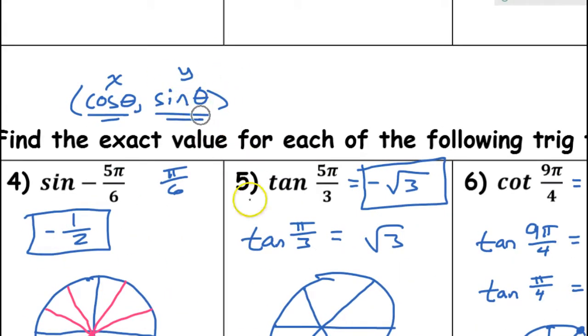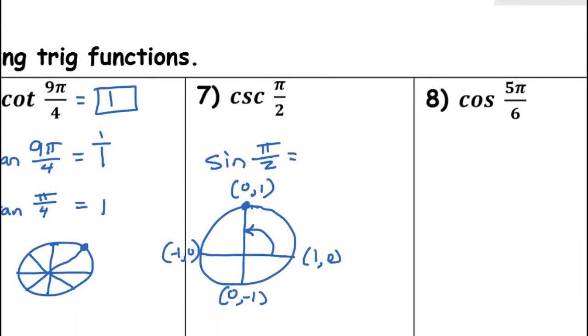Sine is a y value on the unit circle. So you should be focusing your eyes right here. Boom. So the sine of pi over 2 is 1. So the cosecant of pi over 2 should be the reciprocal of that, which is also 1.